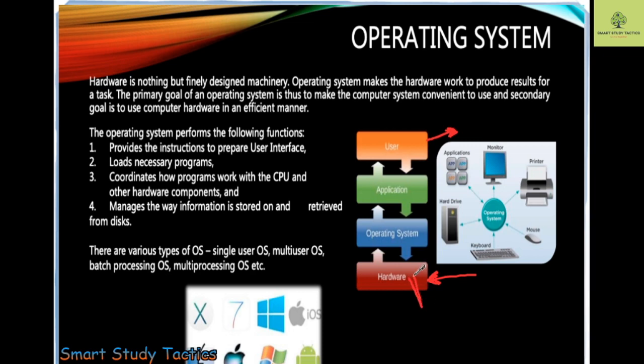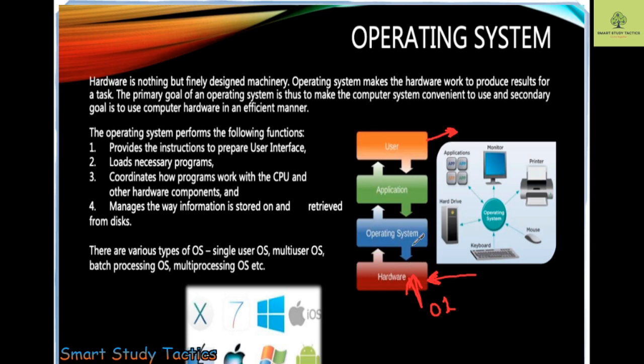This is the hardware which knows its own language. It is an electric device, meaning computer, meaning keyboard, mouse, monitor, CPU. It knows only its signals, and signals are 0 and 1. So my dear students, it can understand only 0 and 1, and you can understand only your language. So how will you communicate with this?